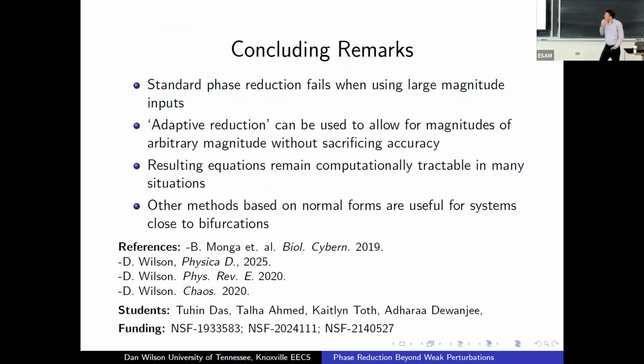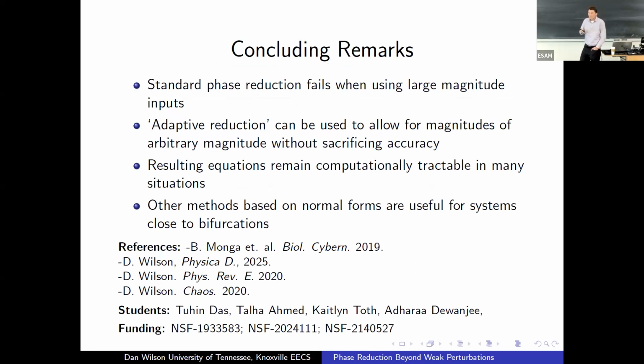But just for a few concluding remarks, standard phase reduction has been used forever. There's been a lot of really interesting results for systems. In fact, some people in this room have used that strategy to get some cool results for populations of oscillators. But it doesn't work particularly well when I apply large magnitude inputs. And so the question becomes, well, what can we do?